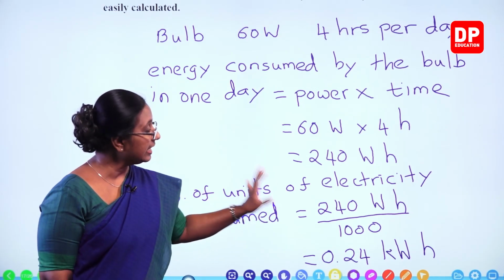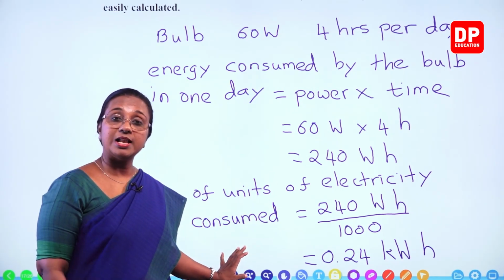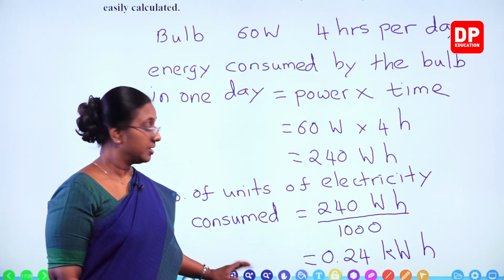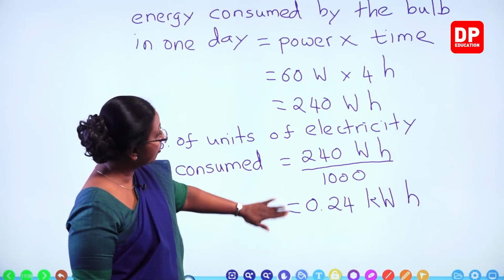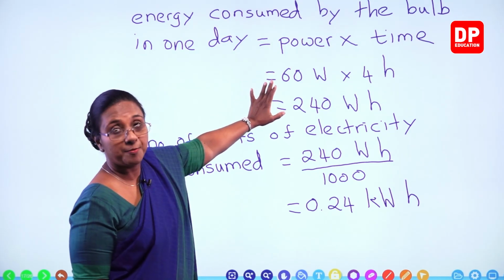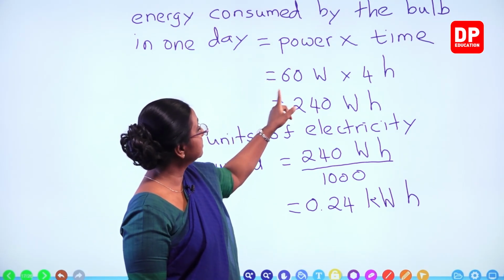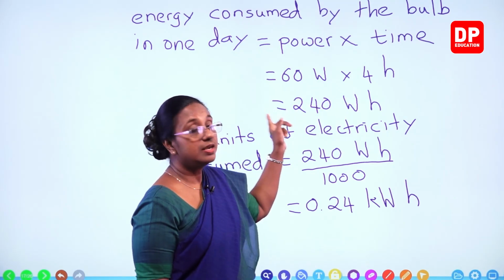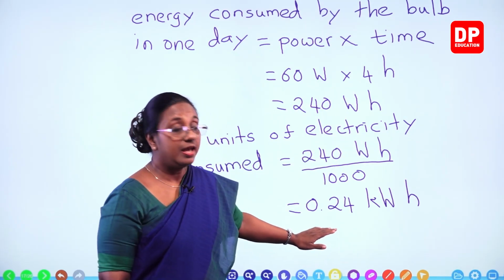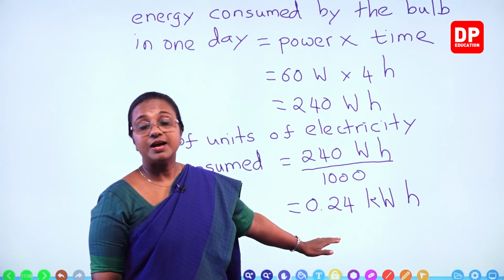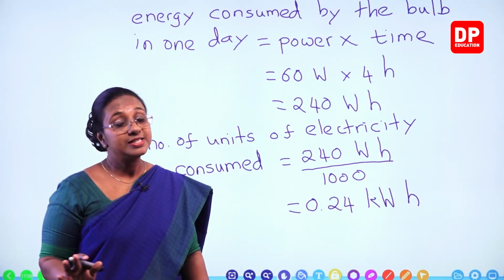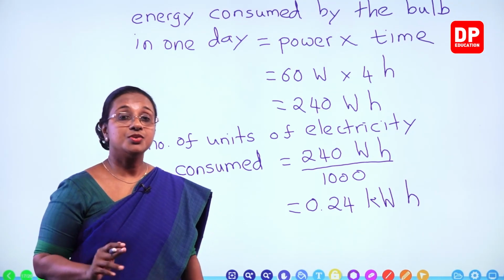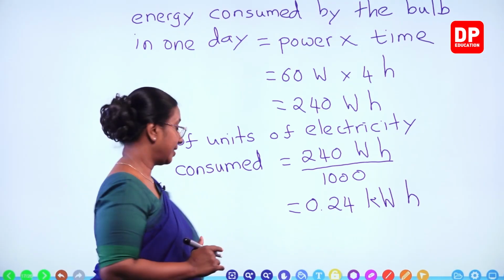But it has to be in kilowatt hours if you want to calculate the units. So because of that, you need to divide it by 1000 here. You can also incorporate the step there. You can directly write it as 60 watts into 4 hours divided by 1000. Then directly you will get this final answer, 0.24 kilowatt hours. Is that clear, student? So then I'll move on to the next slide.